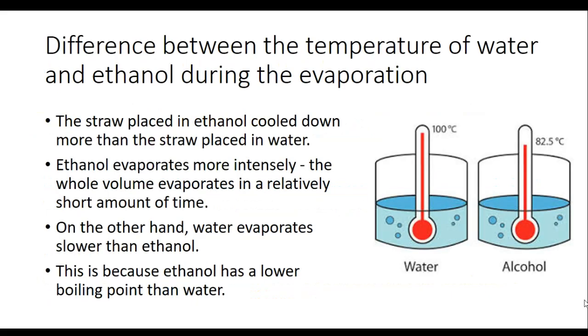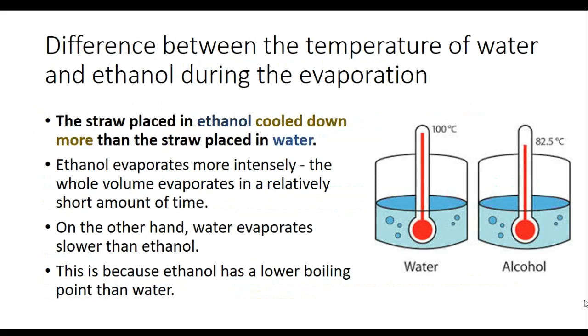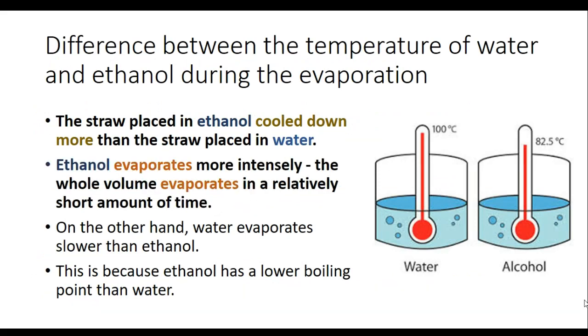Now we will talk about the difference between the temperature of water and ethanol during evaporation, so what the clip was trying to convey to you. So the straw placed in ethanol cooled down lots more than the straw placed in water. This is because ethanol evaporates more intensely, much faster and more rapidly than water.